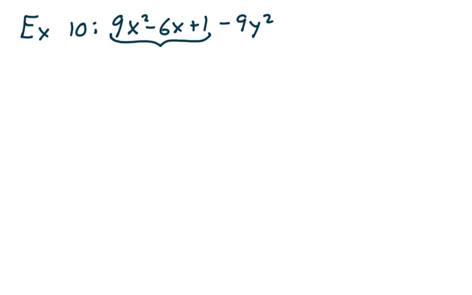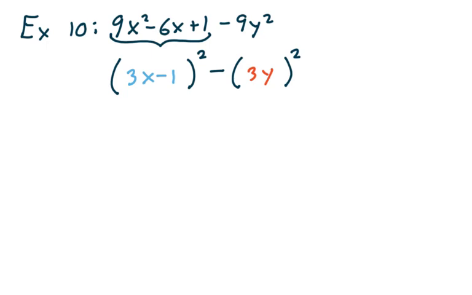I claim that I can write this as 3x minus 1 raised to the second. Then I'm going to go minus, and 9y squared is equal to 3y raised to the second.